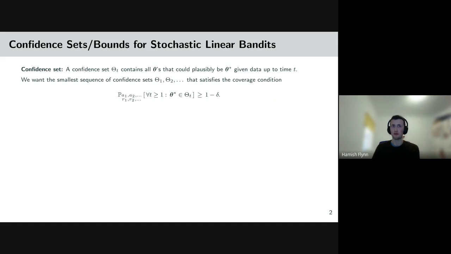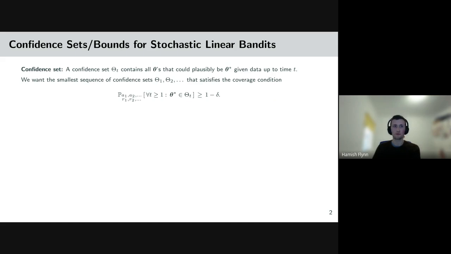This says that with high probability over the random draw of the actions and rewards, theta star is contained in every set, theta 1, theta 2, and so on in this sequence.